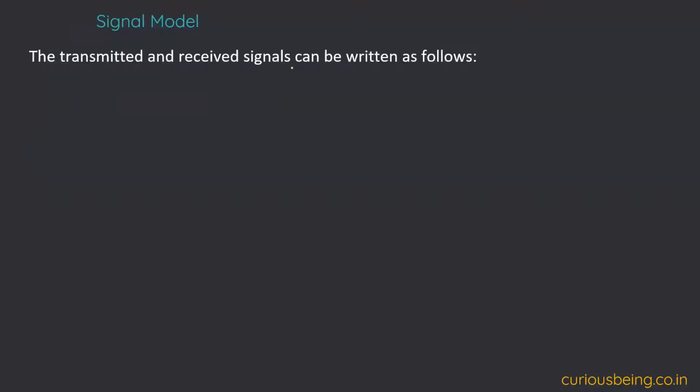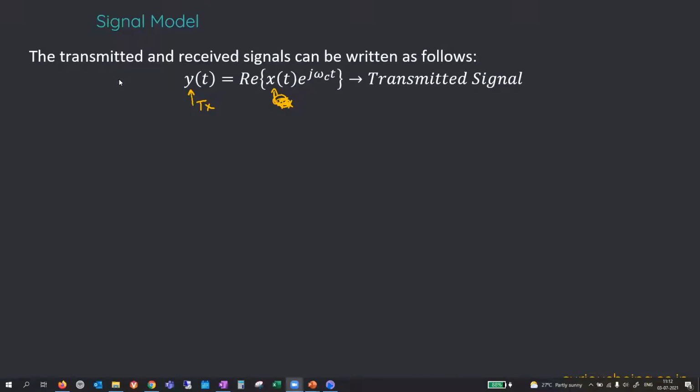So this is important, how the signal model looks. In the case of CFO, the transmitted and received signal can be written like this. Here xt is the baseband signal and yt is my upconverted signal.